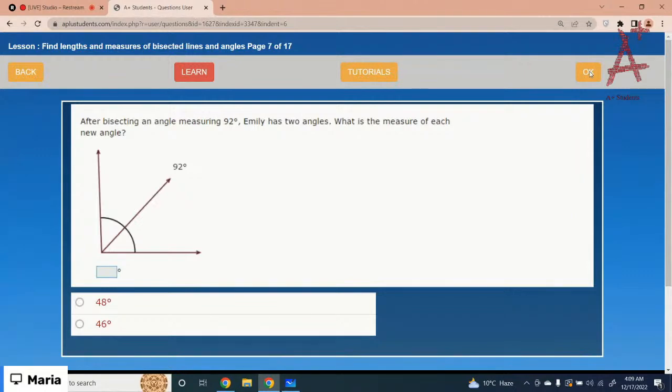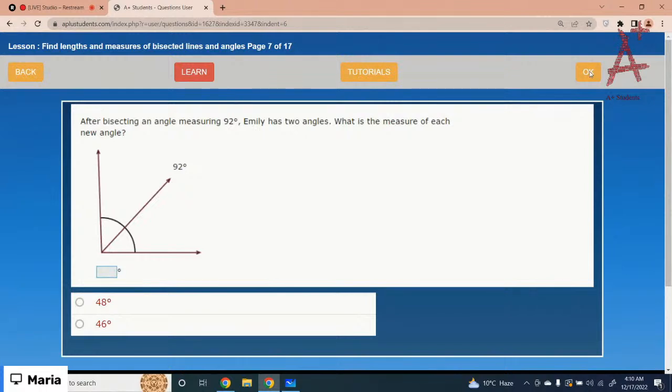After bisecting an angle measuring 92 degrees, Emily has two angles. What is the measure of each new angle? So the original angle is 92 degrees. Got it? You have to divide that 92-degree angle into two equal parts. So you have to divide 92 by 2, and 92 divided by 2 equals 46 degrees.